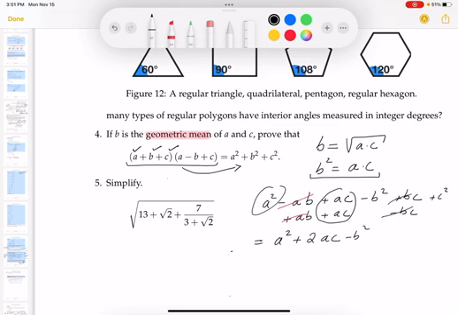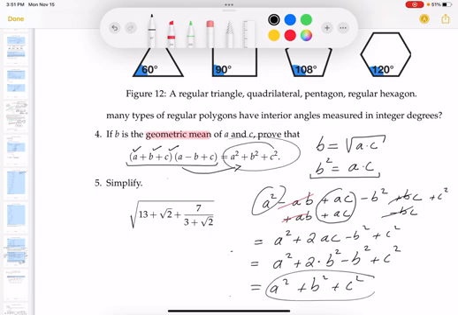Well, gee, this disappears, plus C squared. Oh boy, what do you get? A squared plus 2, and what's AC? It's B squared. Minus B squared plus C squared. What do you get over there? A squared plus B squared plus C squared. That's what we wanted to get. We did it.